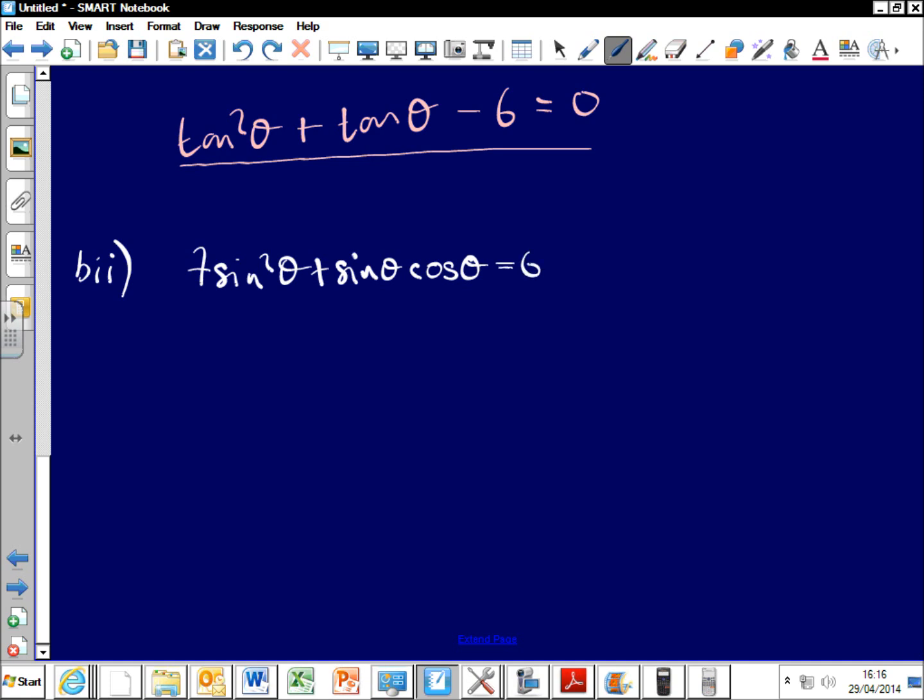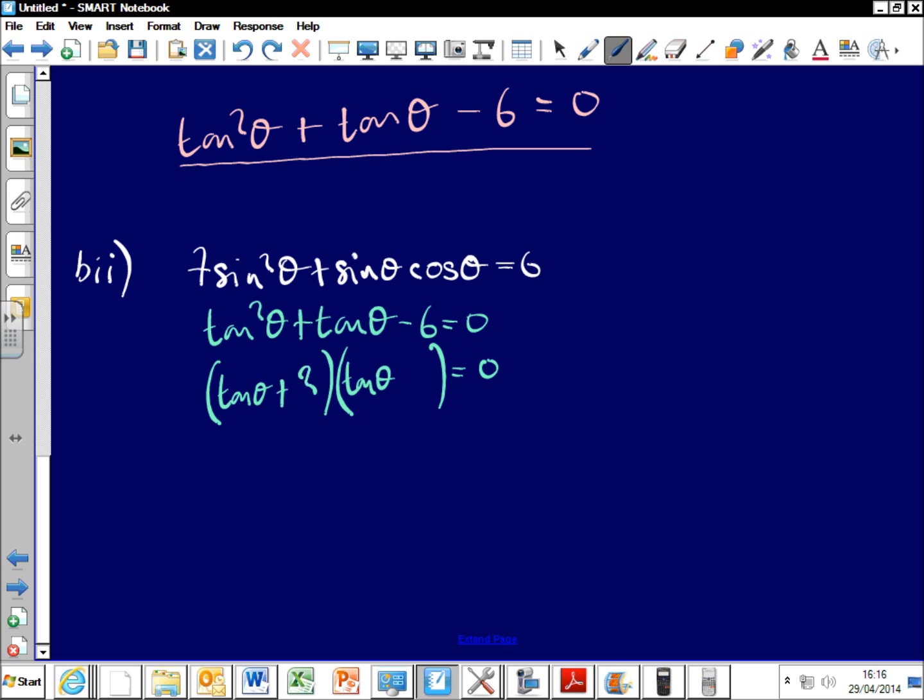Well, we've just shown that that can be rewritten as what we've just done. So it will have the same solutions as this problem here. And this problem here is just a quadratic, and I can factorise it. It's going to be tan theta and tan theta over here, and it's going to be plus 3 and minus 2.